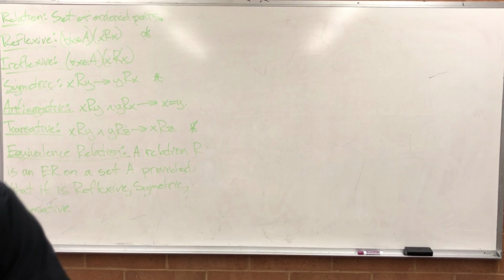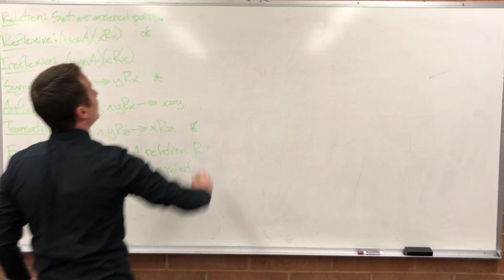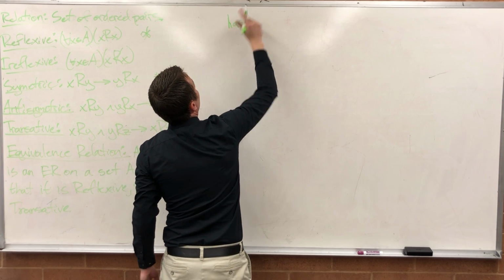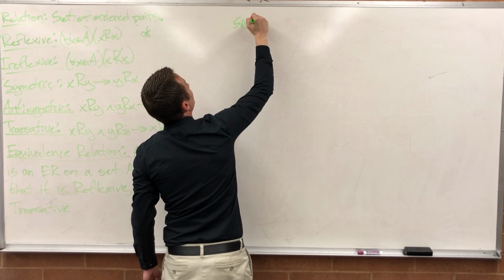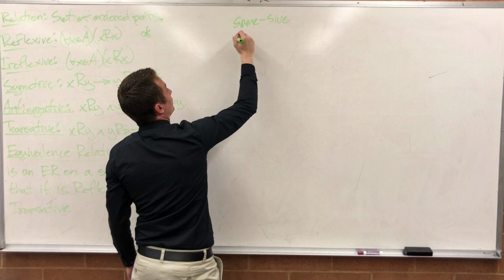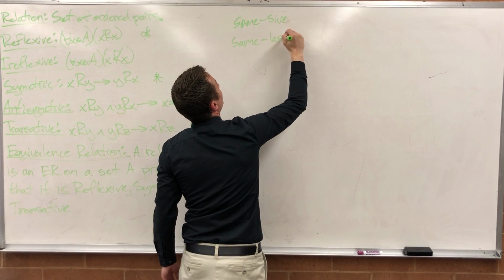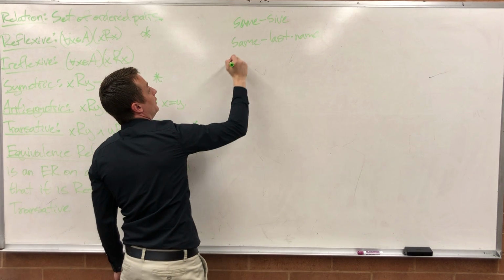Okay, he gives some examples here of equivalence relations. We'll do same size. Let's do another one: same last name, and congruent.